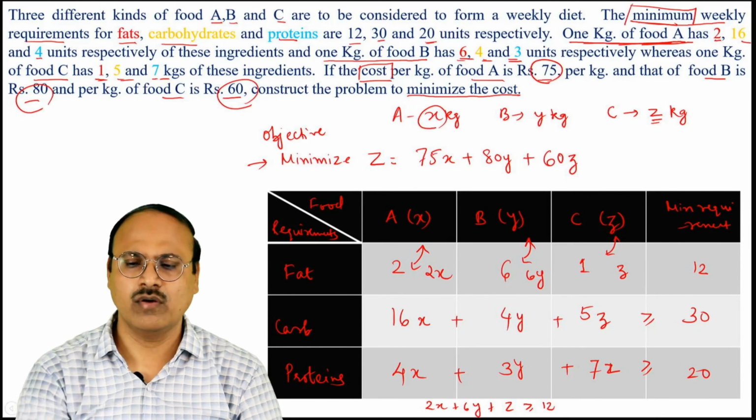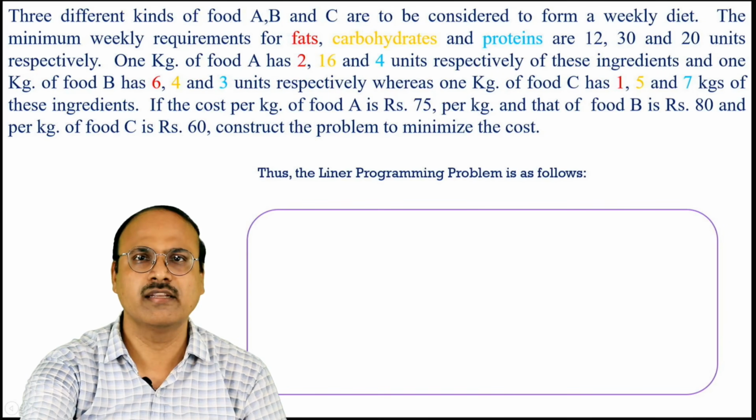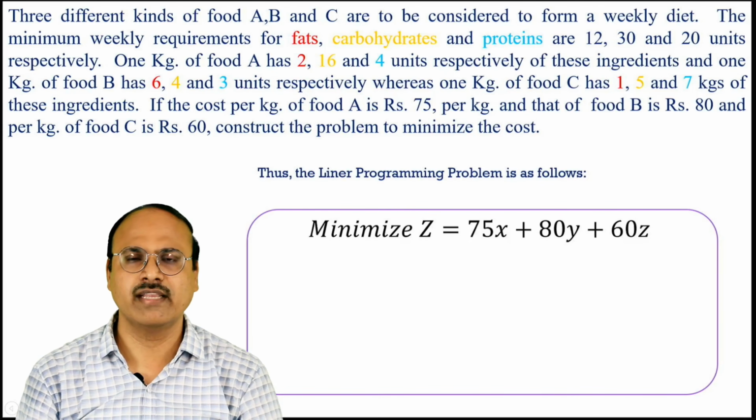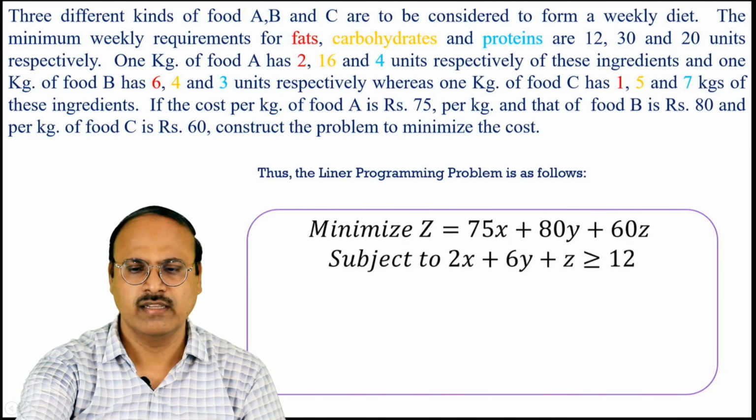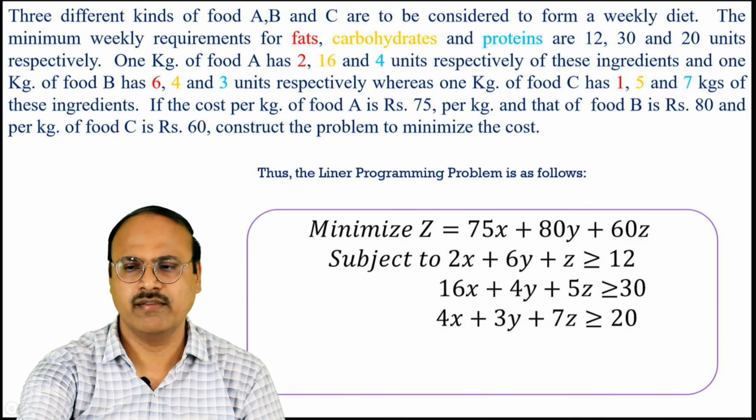Now, when I combine all these three things, we get the linear programming problem formulated as minimize Z equal to 75x plus 80y plus 60z. First constraint 2x plus 6y plus z greater than or equal to 12, 16x plus 4y plus 5z greater than or equal to 30, and 4x plus 3y plus 7z greater than or equal to 20.